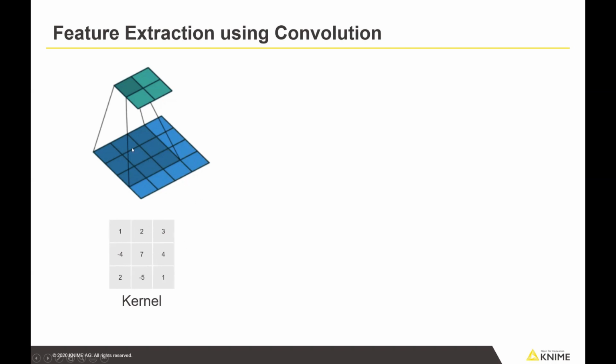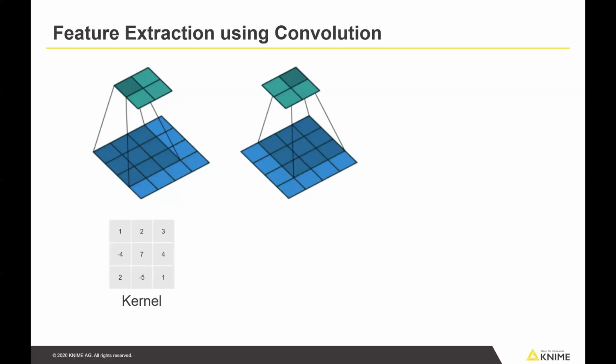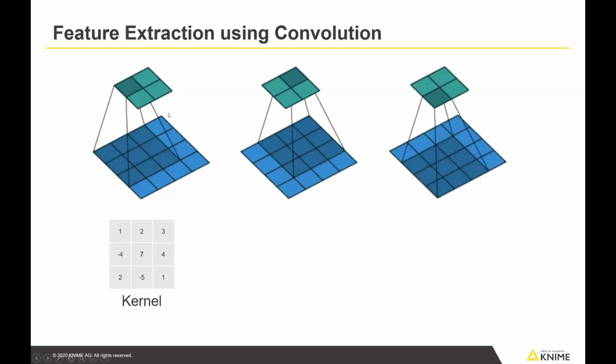Then we slide this kernel over the image, and for each window position we get a single number in the output. This is done by multiplying the value in the kernel with the corresponding value in the image, doing this for all the positions in the kernel, and summing it up. If you slide the kernel over the input image, this would then look like this.